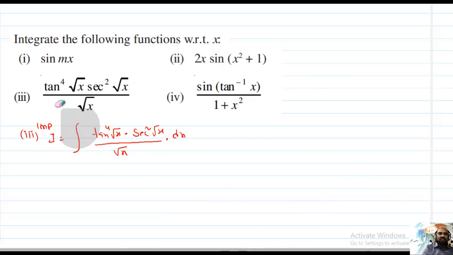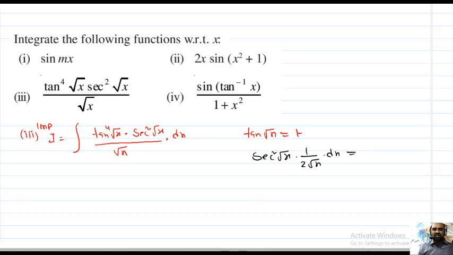Okay, students, if you take tan root x as t, what happened? You will observe now. Differentiating, secant square root x into 1 by 2 root x into dx equals dt, or secant square root x by root x into dx equals 2 dt.